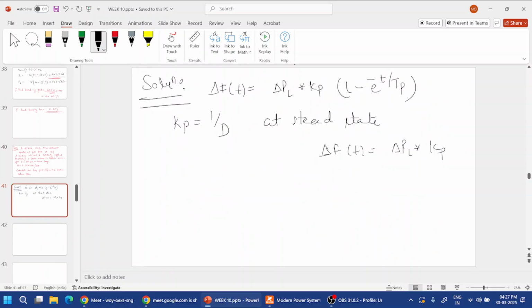So here what we have to find is del PL into 1 upon D. So what we have to find? D. And we also calculated D. What is D? It is the change in demand with respect to frequency. So what is given here in the question about the change in the demand? Demand changes 1.25 megawatt.